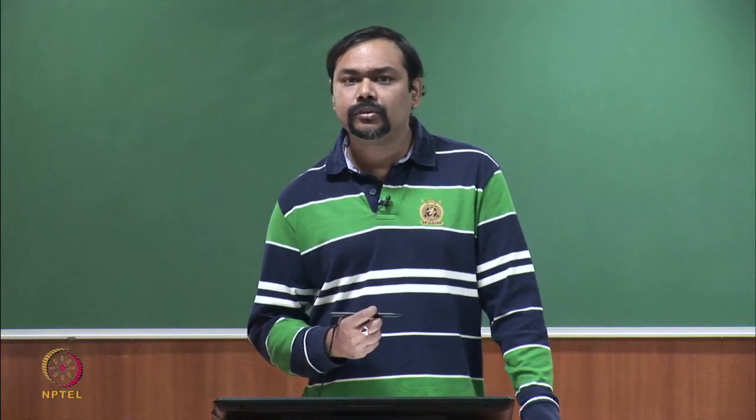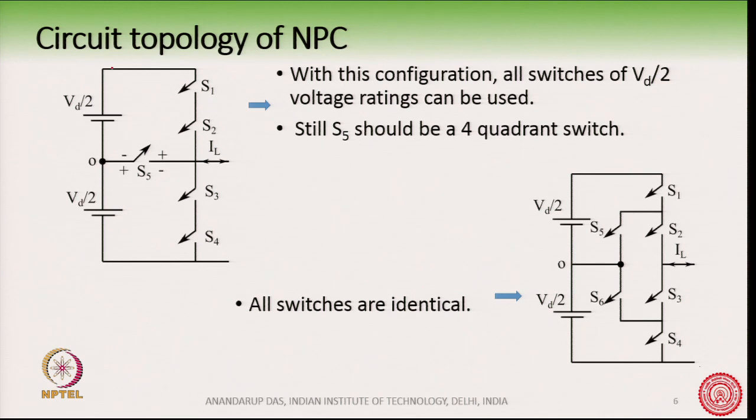Suppose I want to use all switches of Vd by 2 voltage rating, then I can make a circuit arrangement as shown here. So, you have S1 and S2 series connected. Once you have series connected, the voltage rating of these two switches will reduce to half. Then S3 and S4 are also Vd by 2 and S5 is already Vd by 2.